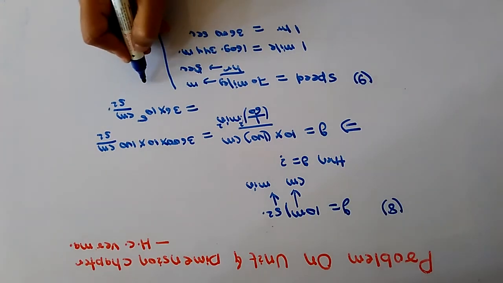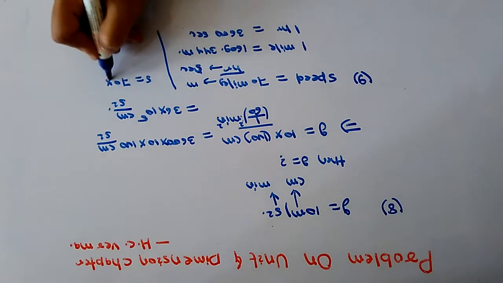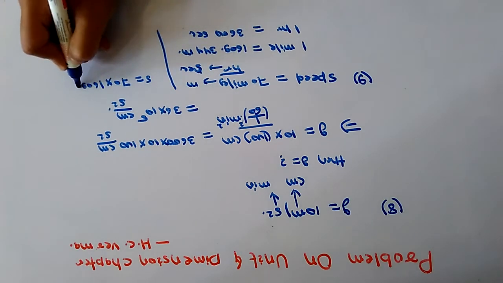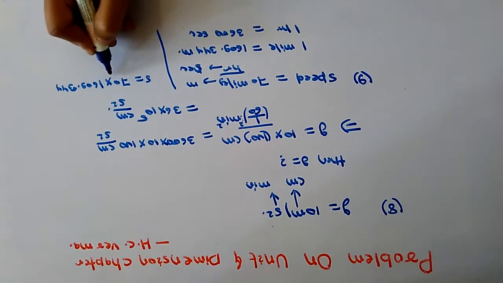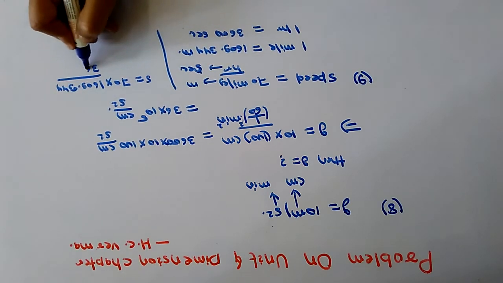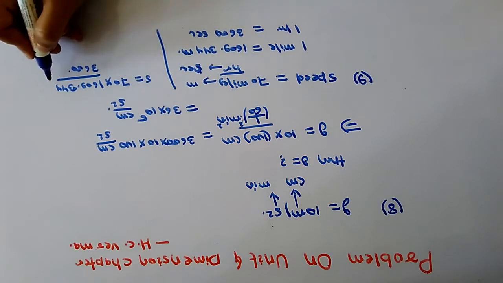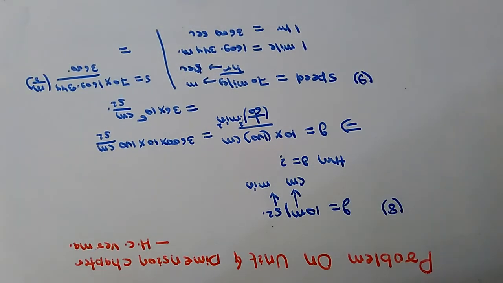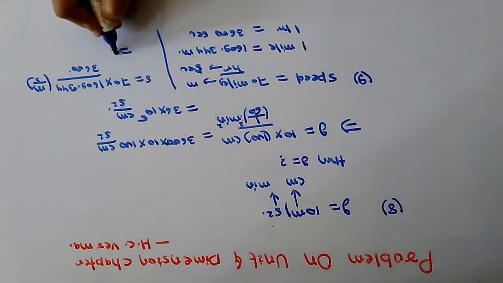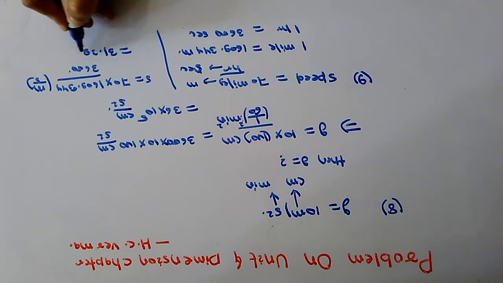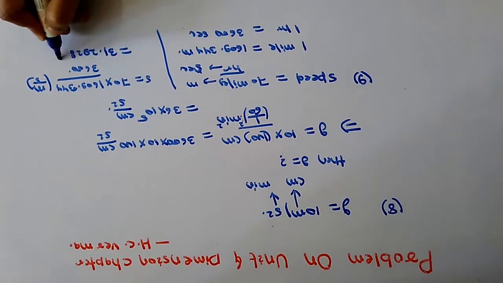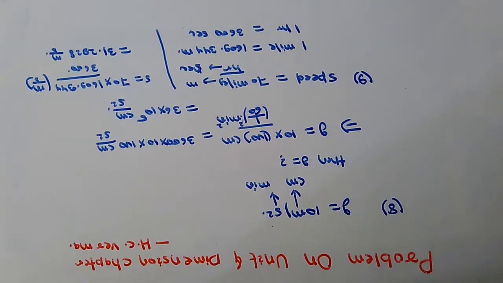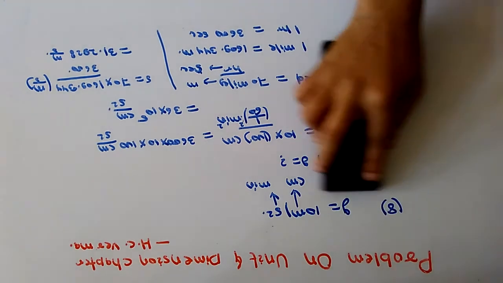So speed will be 70 into 1609.344 upon 3600, unit meter per second. After calculation we get 31.2928 meter per second.